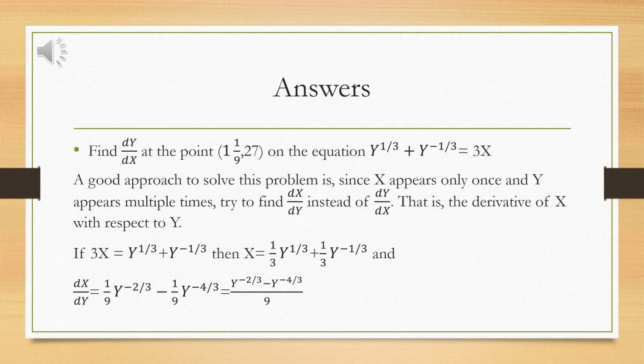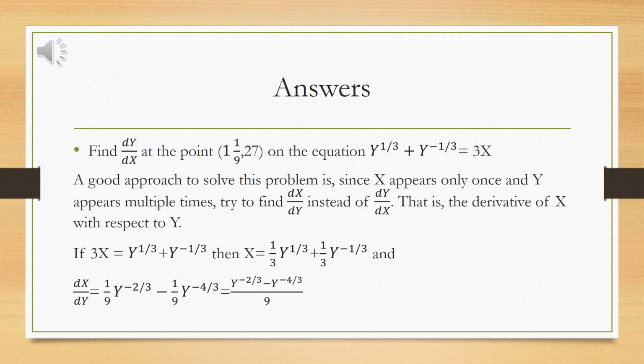A good approach to solve this problem is, since x appears only once and y appears multiple times, try to find dx by dy instead of dy by dx. That is, the derivative of x with respect to y.